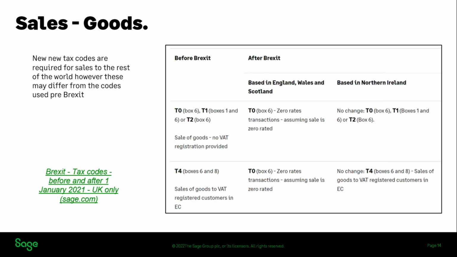As you can see, also in the lower section there, where we used to use T4, we're no longer using T4 in the mainland UK, but it will still be used when you're in Northern Ireland. So just bear in mind again, if you're in Northern Ireland, it can be slightly different than if you're across the water in the mainland UK, because there are slightly different rules due to something called the Northern Ireland Protocol.